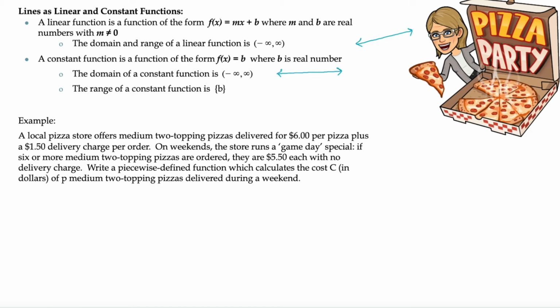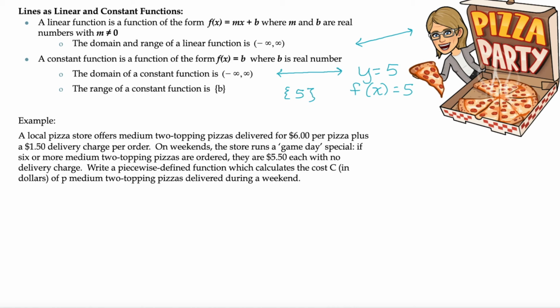So if we have this function as y is 5 or f of x is 5, we would have a horizontal line at y equals 5. The domain would still be all real numbers, but our range is just going to be 5 because no matter what I choose for x, our y will always be 5.